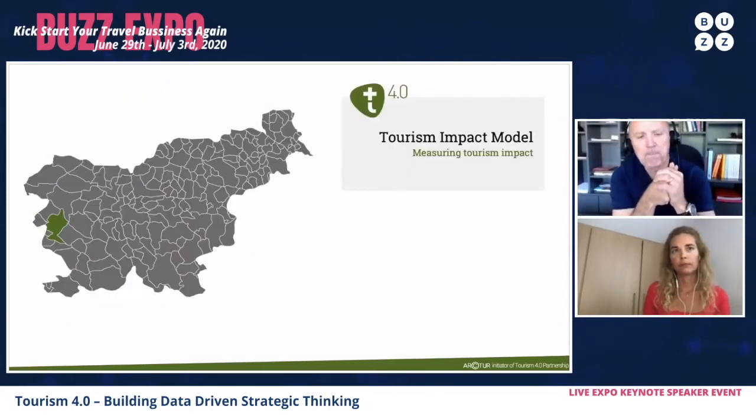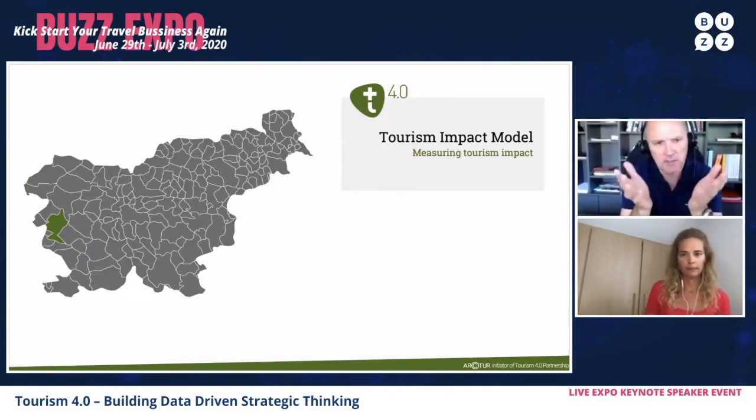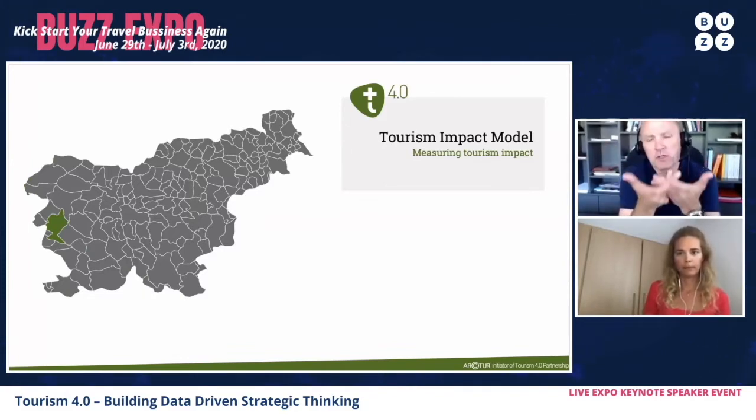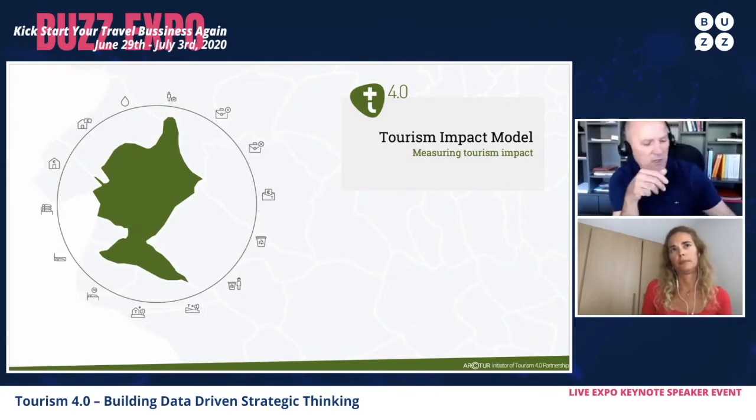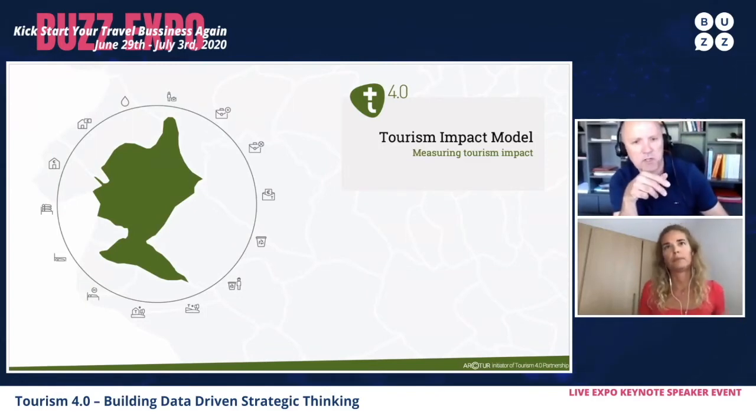So you see, after we have all the data set, we start with a questionnaire. This is a small Slovenia, and we're talking about a really small location. For example, this is our local community, Nova Gorica, and even this could be divided into smaller pieces.